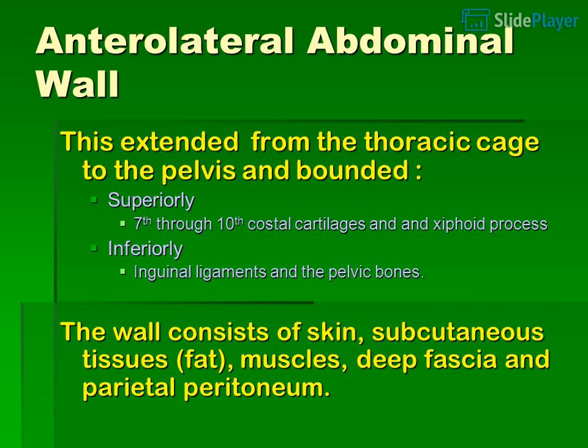The anterolateral abdominal wall extends from the thoracic cage to the pelvis and is bounded superiorly by the 7th through 10th costal cartilages and xiphoid process, and inferiorly by the inguinal ligaments and the pelvic bones. The wall consists of skin, subcutaneous tissue, fat, muscles, deep fascia and parietal peritoneum.